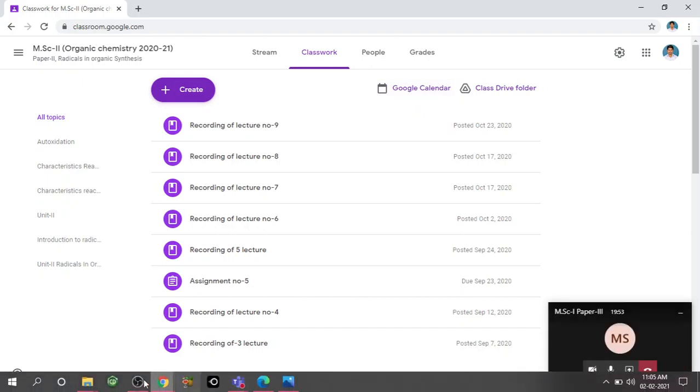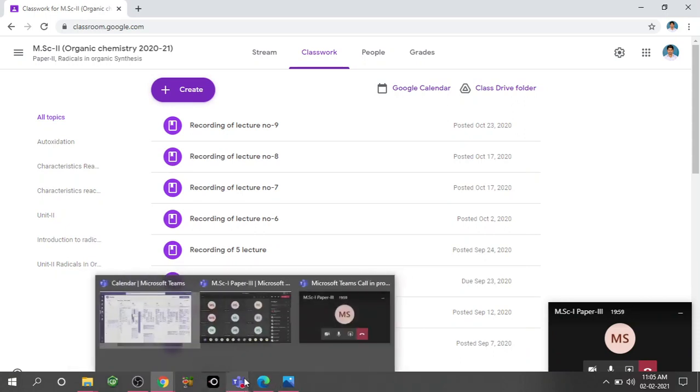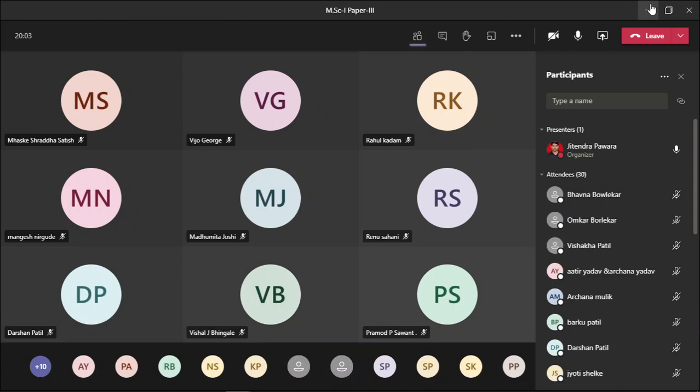Okay, so another example is Cl2. When Cl2 reacts with propane, you will get 60% 2-chloropropane and 40% 1-chloropropane. It means that the chlorine radical is highly reactive.